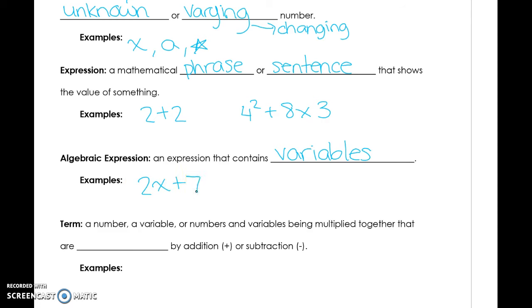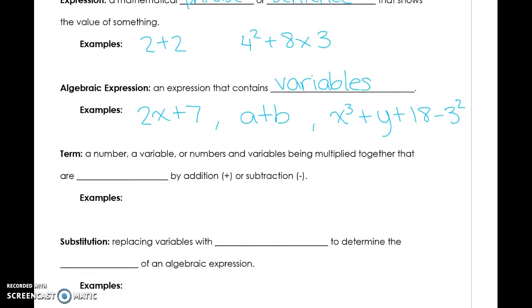It doesn't have to contain any numbers. I could say a plus b. It could be really long. It could be like x to the third power plus y plus 18 minus 3 squared. Those are all algebraic expressions because they contain variables.